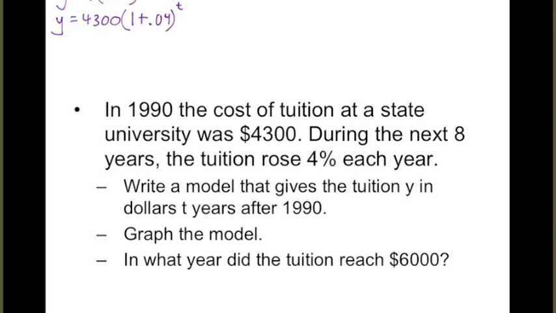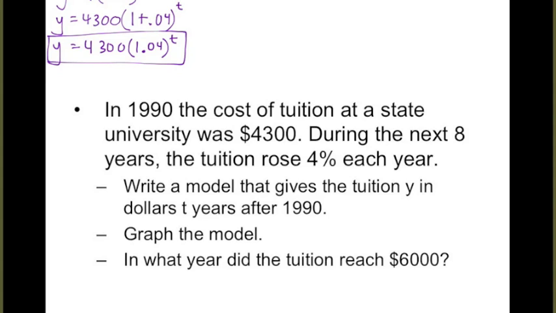Power of t. 4,300 times 1.04 to the power of t. Okay. That's all that question asked us to do, was just to write a model. It didn't ask us to find the tuition at any particular time.